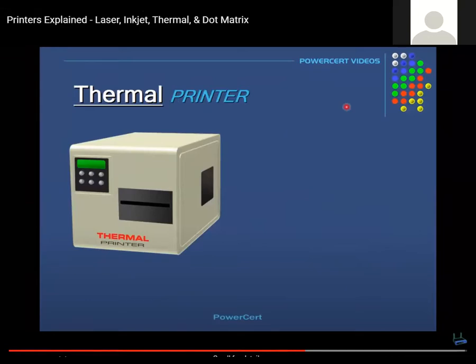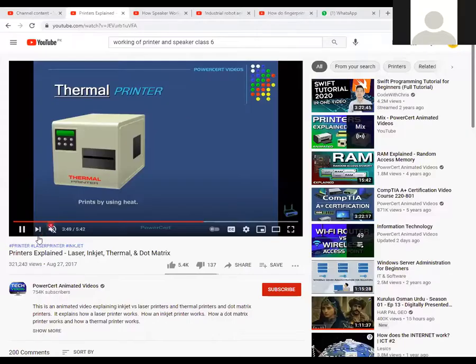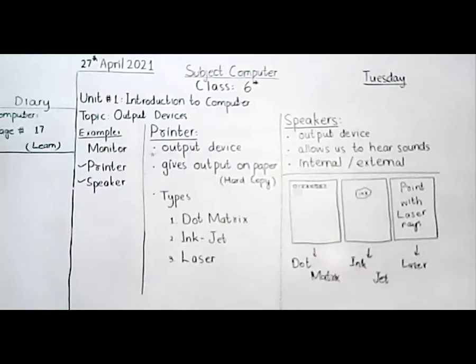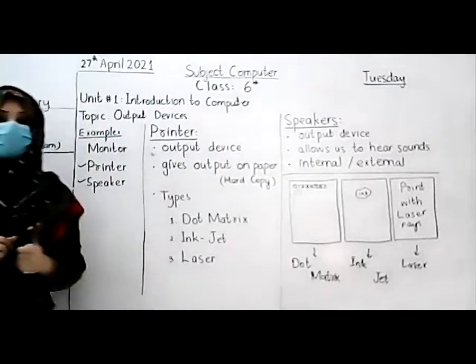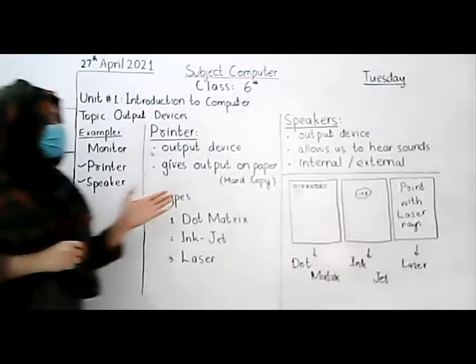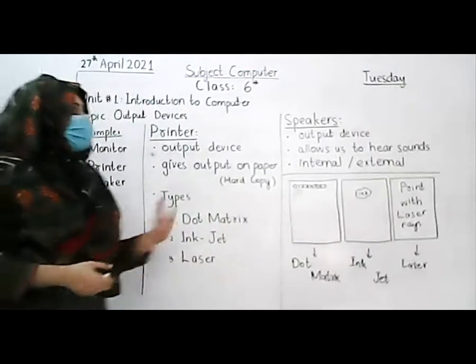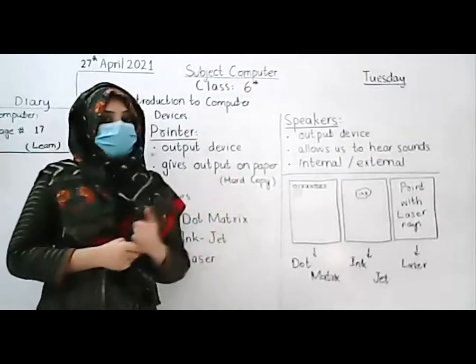So in this way, we can say how a printer works. Okay. I think now the printer idea has been clear to you people. Now we will go for the speakers, how a speaker works. First we talk about it, then I will show you a video of how it works.